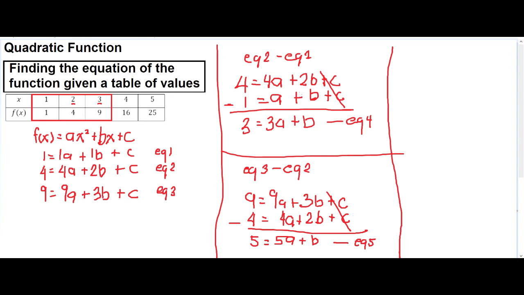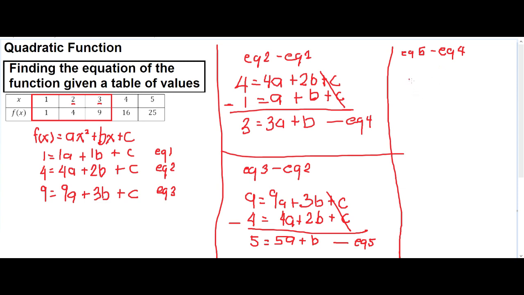Kasi if you notice, nakuha natin sa equation 4 and equation 5 by eliminating the variable c. Ngayon, yung letter b naman ang i-eliminate natin. Meron kang equation, tignan mo na lang kung ano yung mas malaki dyan. Yun na lang ang nasa taas. Since mas malaki itong equation 5, you have equation 5 minus equation 4.